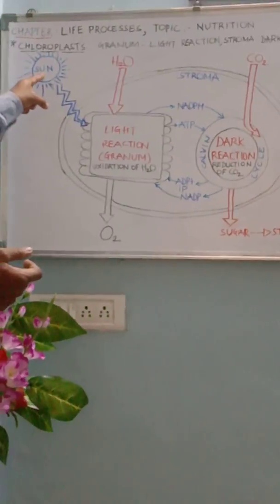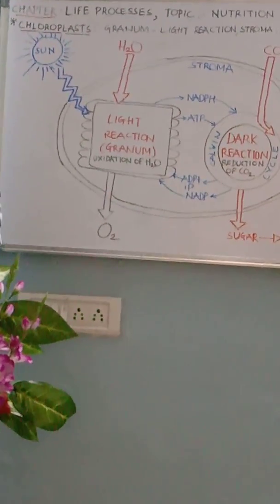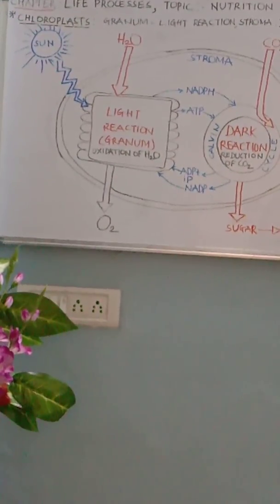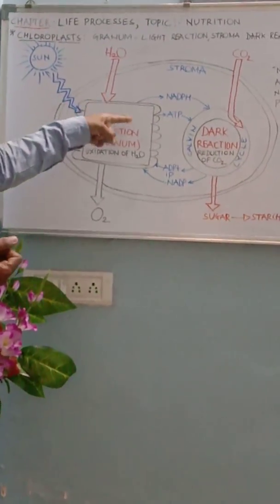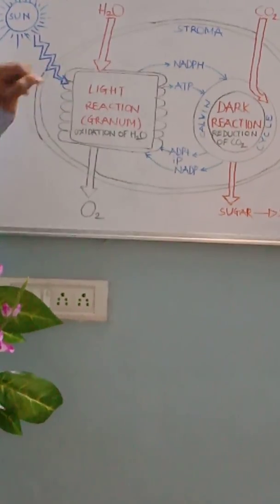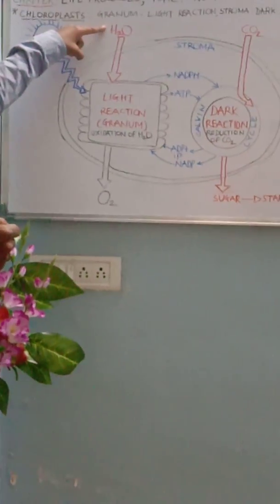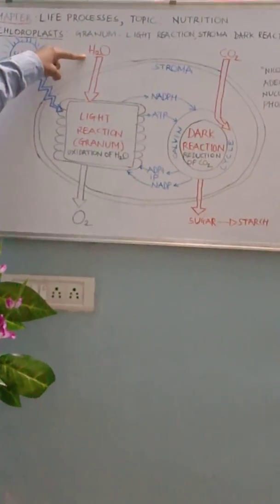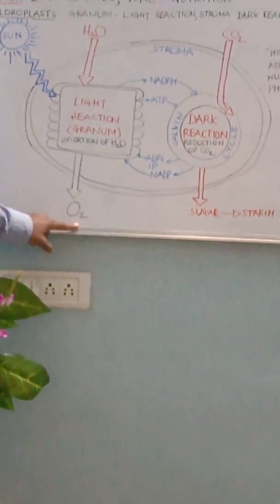So first step is the trapping of the light, and the ultimate source of the light for photosynthesis is sunlight. Now this sunlight is trapped by granum, and inside this granum there is oxidation or breakdown of water, and then there is release of molecular oxygen.